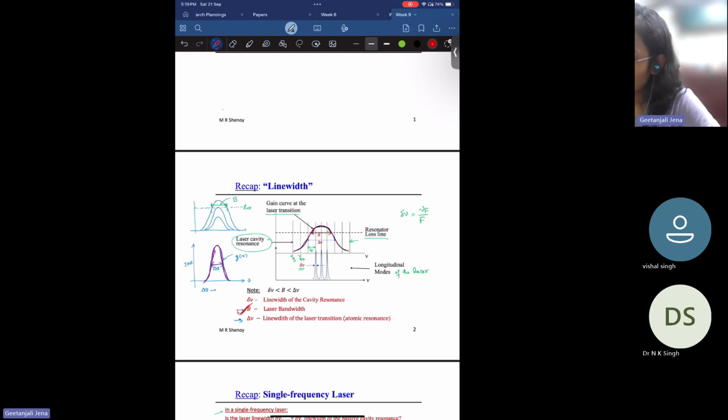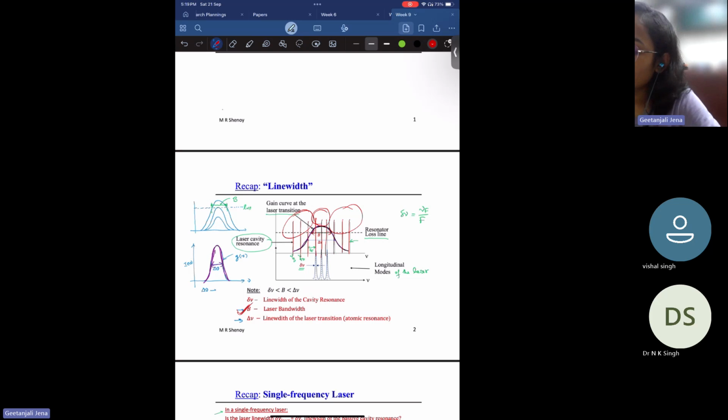So you have different cavity modes, right? These straight lines are the cavity modes. For some cavity modes, like this one and this one, the loss is much greater than the gain, so they will not oscillate inside the cavity. But for these three, the loss line is lower than the gain curve, so we will see amplification of these cavity modes.